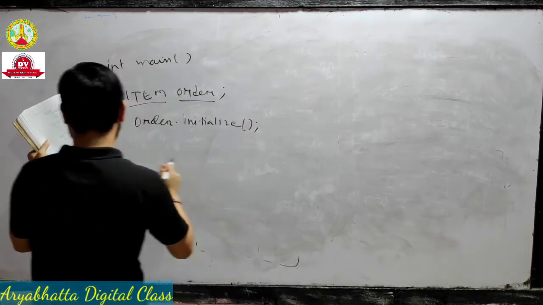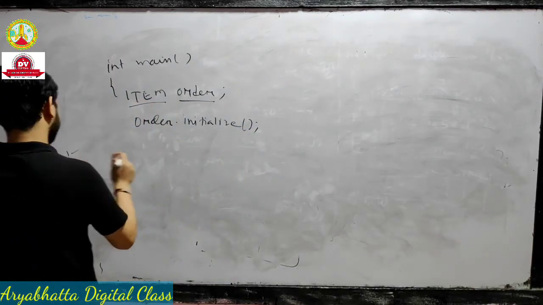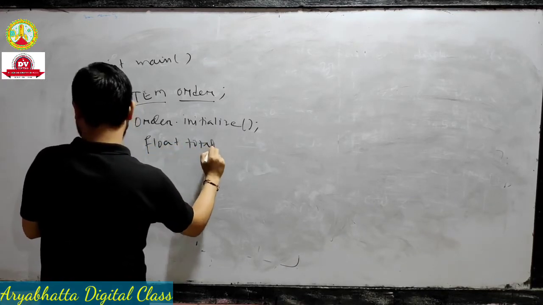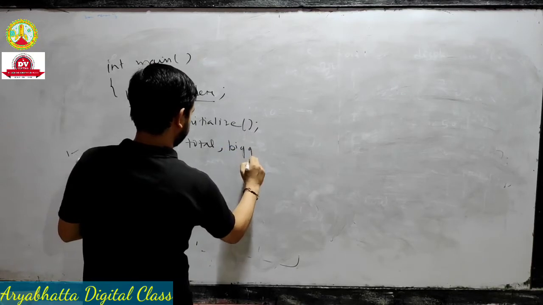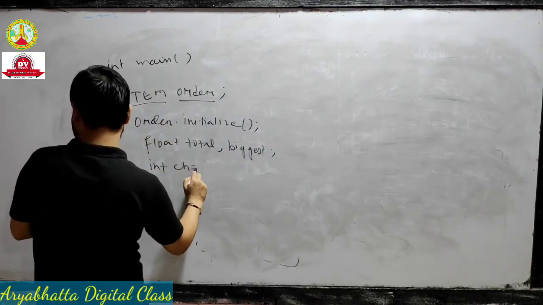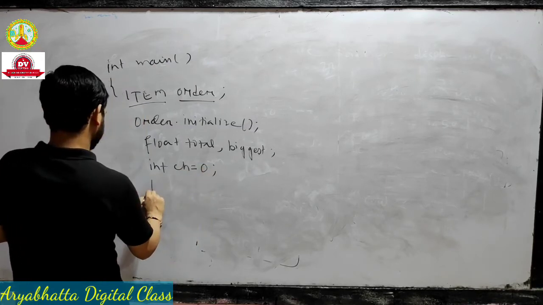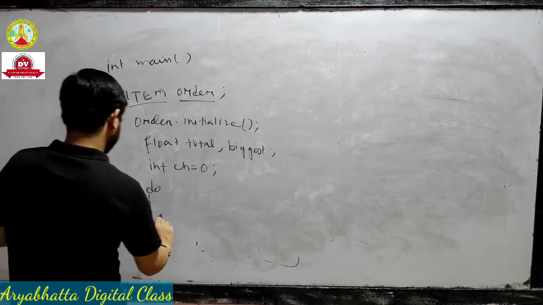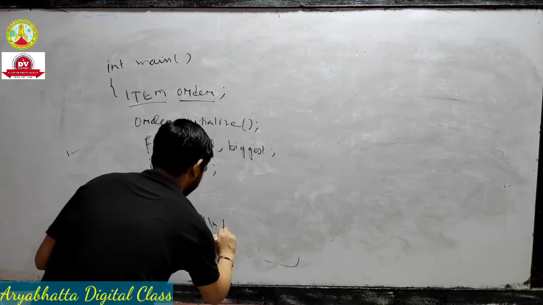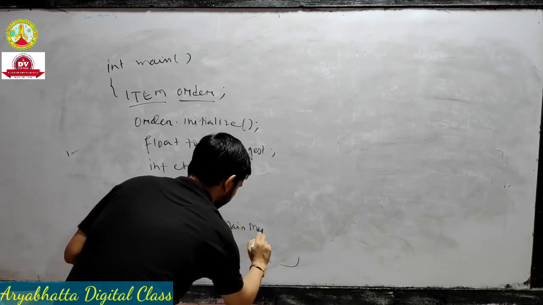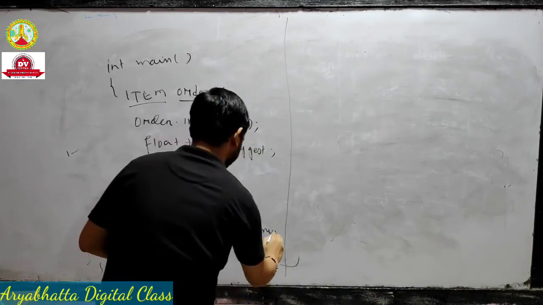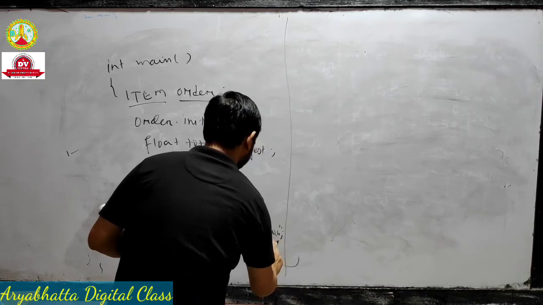First we have to access the initialize function, and next is float total, biggest, int character ch equals 0. We use a do loop, and we write main menu, backslash n.